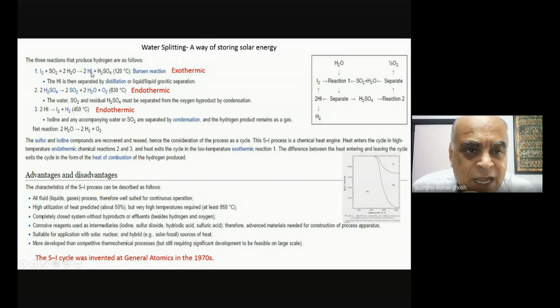Similarly, because I'm getting 4 HI here, I can multiply this by 2, so I'll get 4 HI going to 2I2 plus 2H2. And because I had 2 SO2s, everything will cancel out from the left hand side and the right hand side, and the only thing that will remain is 2H2O going to 2H2 plus O2.